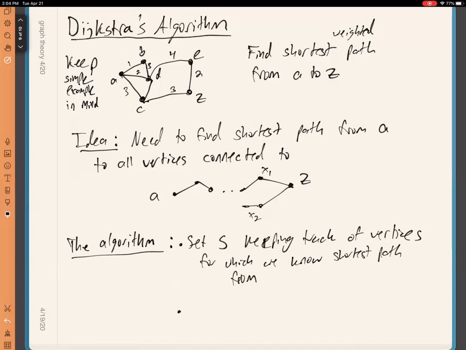And so there's also going to be a collection of labels for the vertices, which keep track of the best known or the shortest known path from A to the vertices. And so these labels will change as the algorithm progresses, as we get a better understanding about the fastest way to get from A to another vertex.